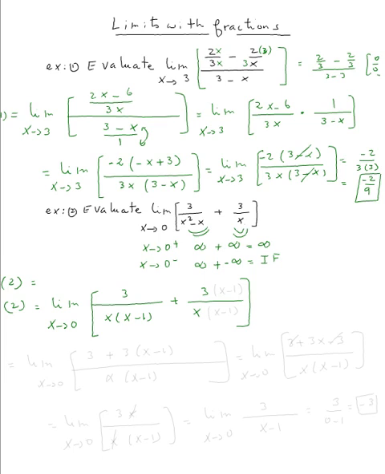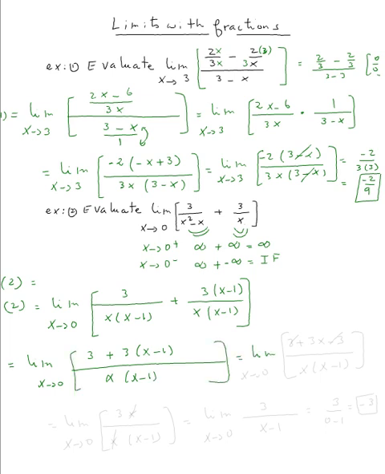Now the least common denominator is x times x minus 1. Since we're multiplying here by x minus 1, we have to multiply the top by x minus 1. Now this is going to be a limit as x approaches 0 of 3 plus 3 times x minus 1, over x times x minus 1.